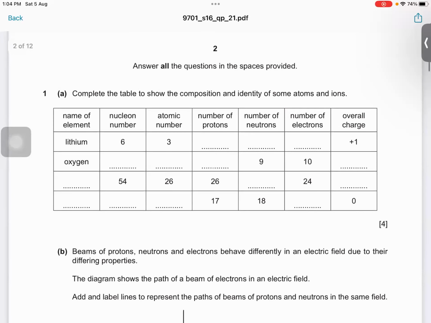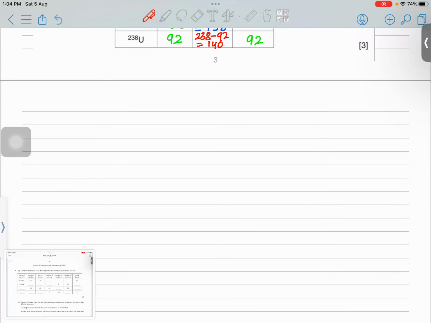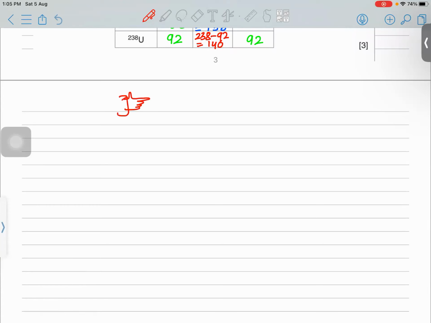Basically, this question is from 2016, 9701, variant 21, May/June 2016.